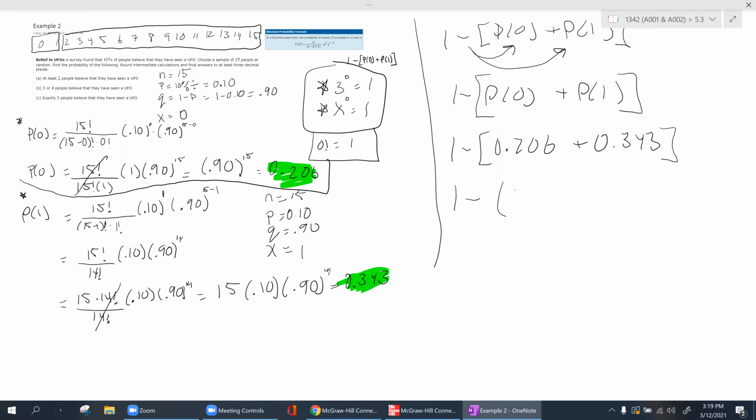This ends up giving me 0.549, and this is just 0.451. So the probability of success for at least 2 people believing that they have seen a UFO is 0.451. Let me clear this board so we can attempt the second problem.